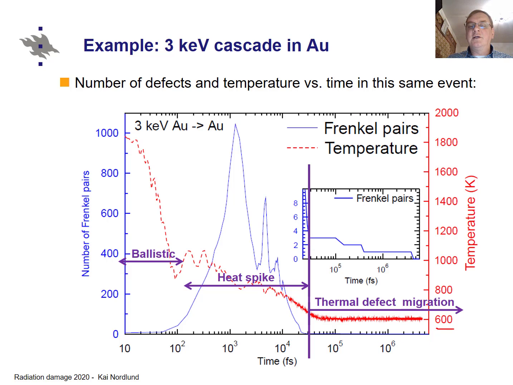So the time scale changes dramatically here. And you notice that this thermal defect migration stage starts at about 30 picoseconds. First you have these 3 Frenkel pairs, then you have 2 recombinations, you have 2 Frenkel pairs, and then finally you had a single Frenkel pair which survived for about a nanosecond and then vanished. And then we were left back with perfect crystal.